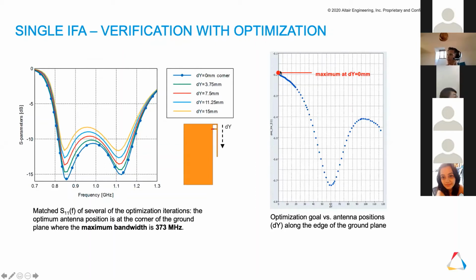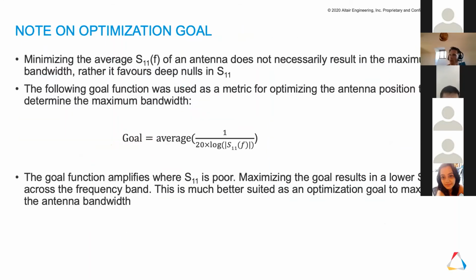So it's basically maximum on the corner, dips off somewhere towards the middle, and then rises a bit again towards the end. I don't think I have enough time to go into this slide, but please feel free to read the publication, just noting that we used a different definition to optimize S11, or in this case, bandwidth using S11.